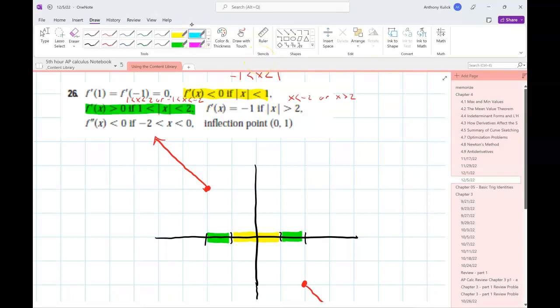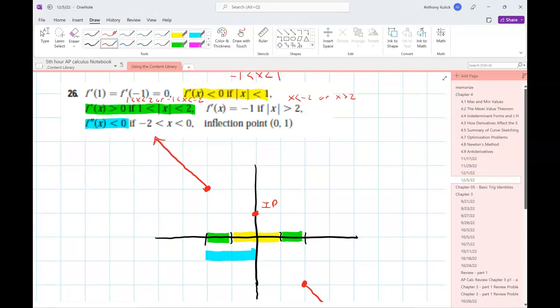And then the last piece that I have is that I am concave down from here to here, and I have an inflection point at 1, 0, or 0, 1, excuse me. So there's my inflection point. So what does that tell me then? Is that we're going to be concave down after that, right? Or I'm sorry, concave up. Okay.